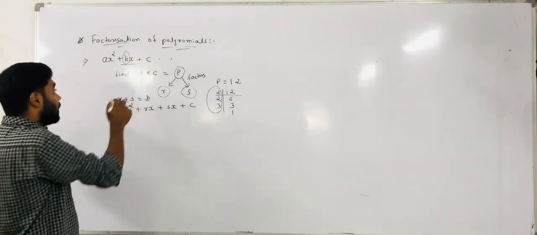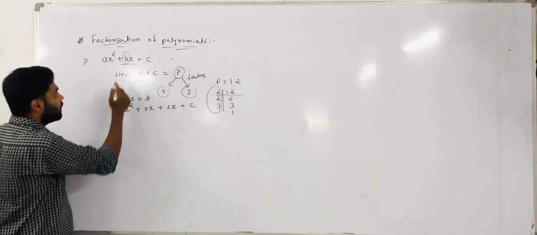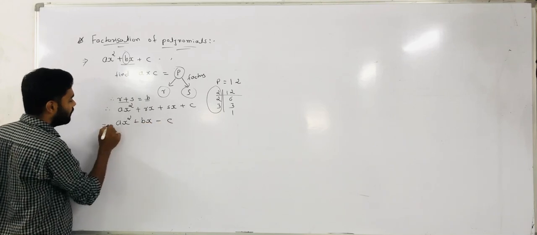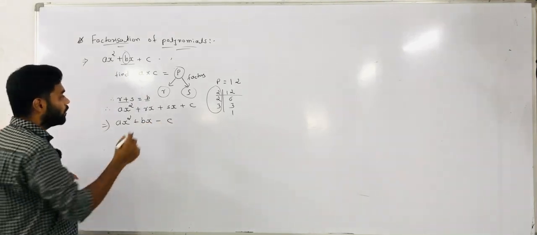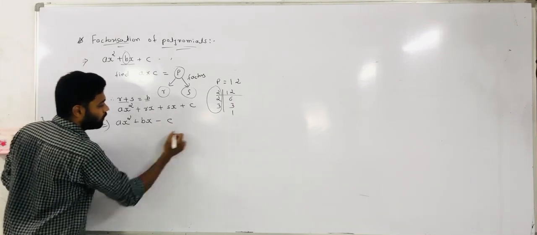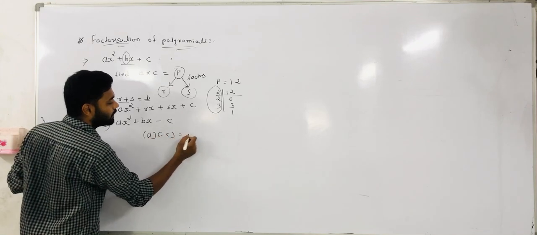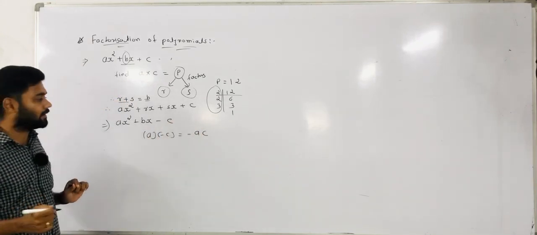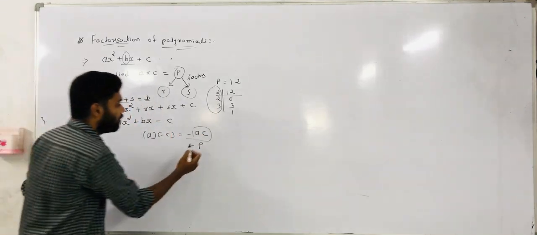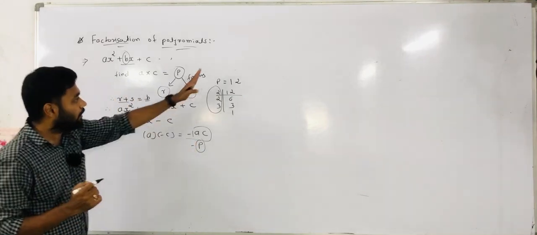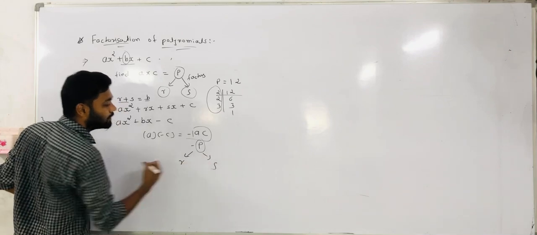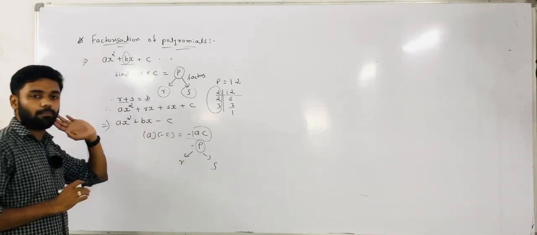Now see, here all terms are positive, but if the constant term, let's say, is negative, then the product a into c will be negative, because if you multiply a and minus c, you will get minus ac. Simply factorize a into c, that is minus, let's say minus p. Find the factors of p in this way, then find two values r and s such that you will get the middle term b.